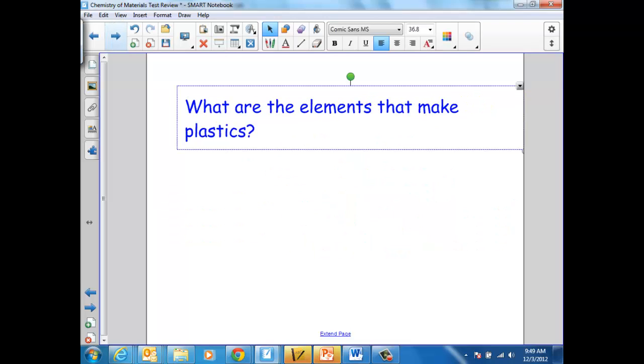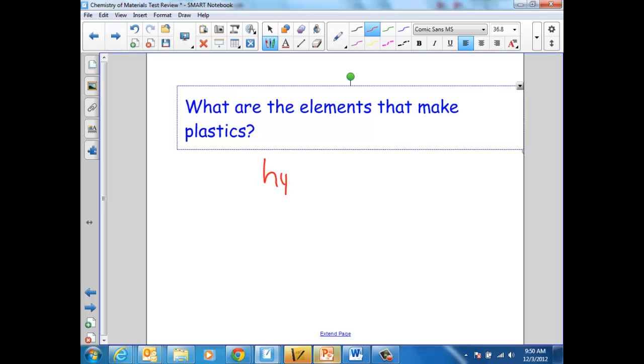Okay, so what are the elements, now we're really flipping gears, what are the elements that make up plastics? Who remembers when we made those models? I know they're something to do with polymers. They are polymers. What particular elements though? Specific elements. Hydrogen.